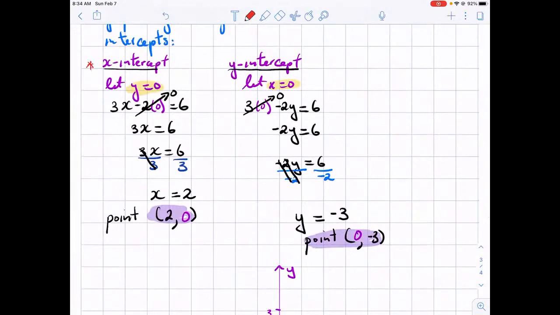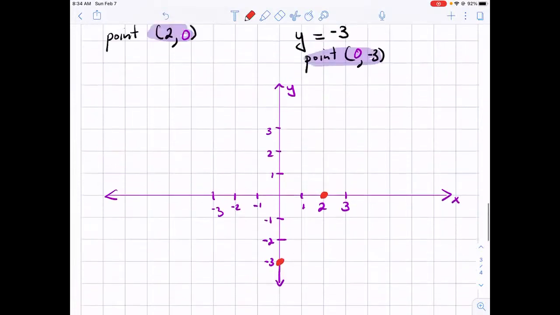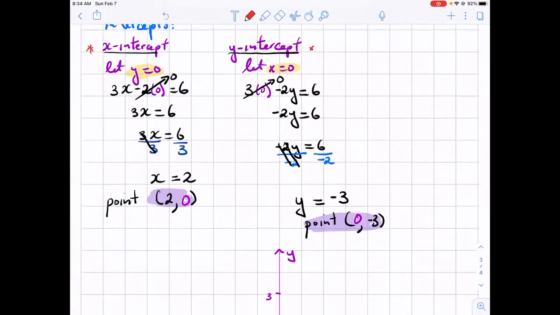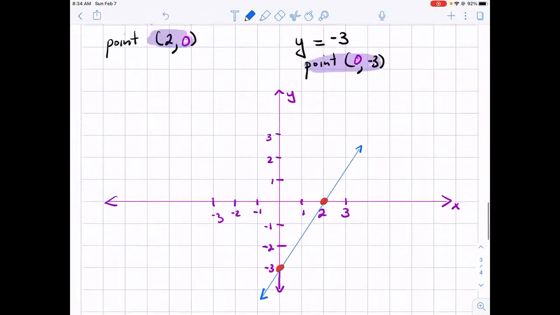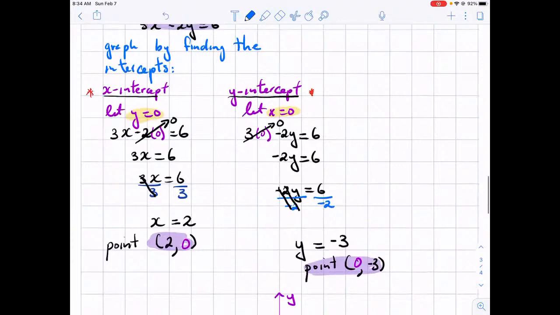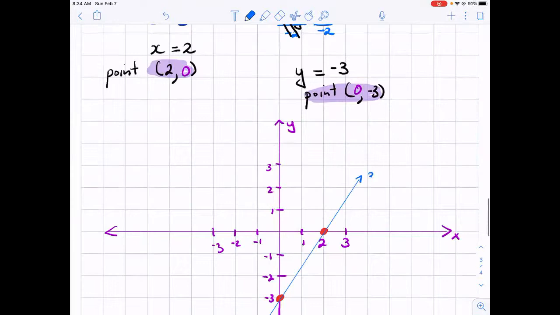And now if I plot the point 0, -3, that does fall on the y-axis because it is my y-intercept. And if I connect those two points, we will have a line that looks like that. And that is the equation 3x minus 2y equals 6.